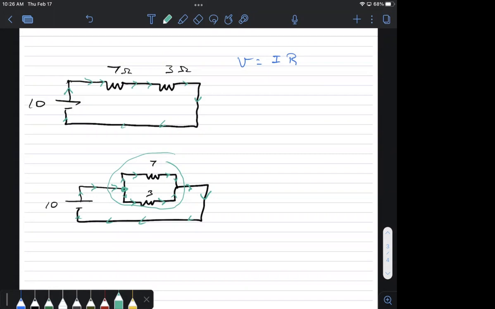I mean, a lower current than the second circuit. The fact that you have one resistor, then the other resistor right after, means it resists a lot more because both resistors are resisting, versus the second circuit where some of them feel the first one, some of them feel the second one, but no electron feels both. So in the second circuit, there's less resistance, and so you'll have more current flowing.